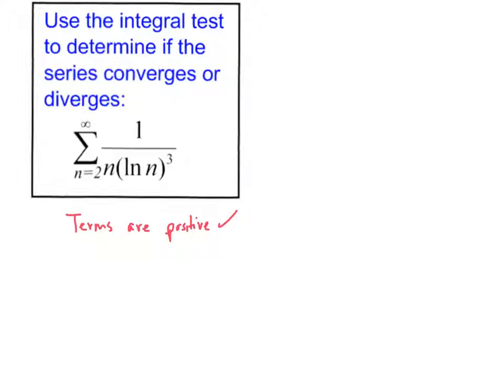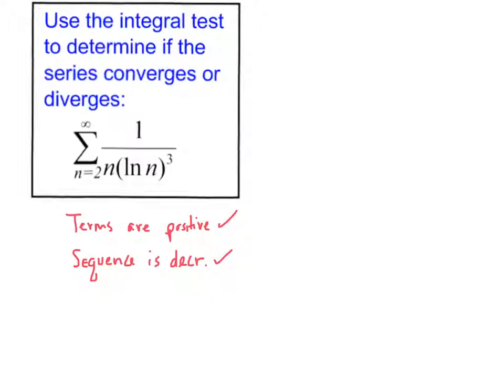Next, the terms, the sequence, must be decreasing. I hope that's obvious. If the sequence were increasing, obviously the series would not be converging, but it wouldn't even really be worth checking. And here, of course, as larger and larger values are plugged in, this will continue to get smaller and smaller, so obviously the sequence is decreasing.